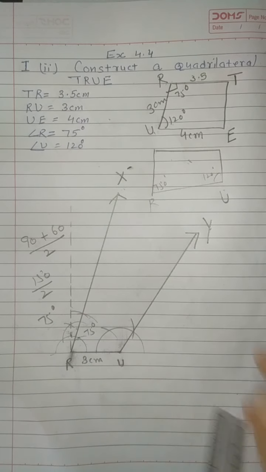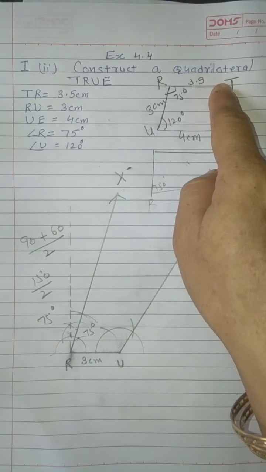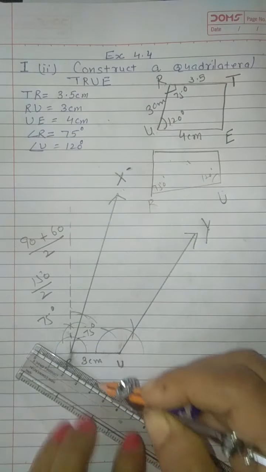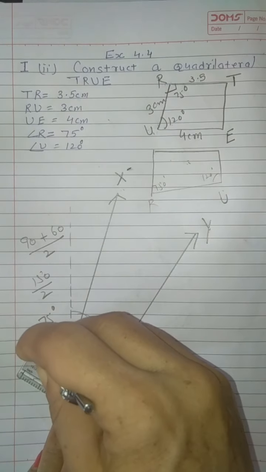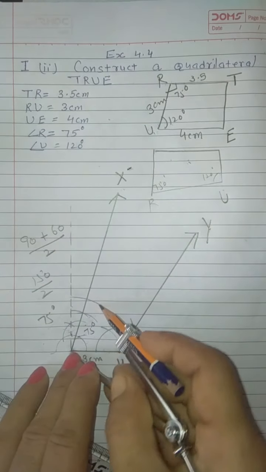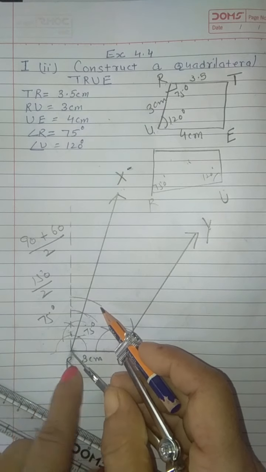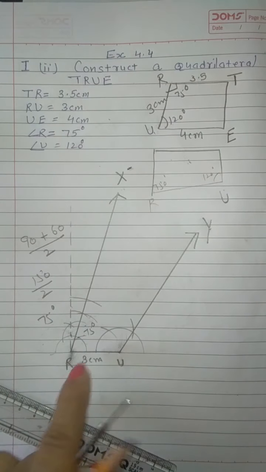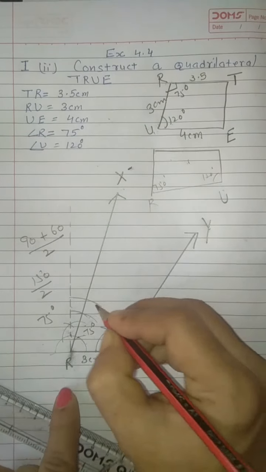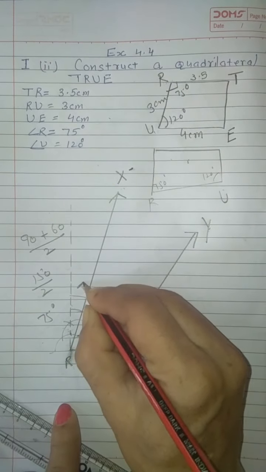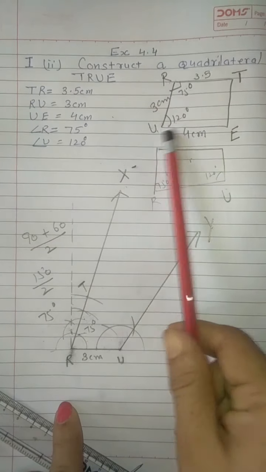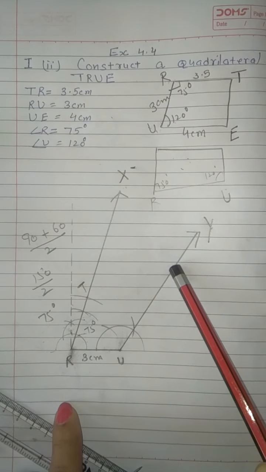Now next step, RT 3.5. T is 3.5 centimeter away. So measure 3.5 and cut an arc of 3.5 centimeter from ray RX and name this point T. And here UE 4 centimeter.